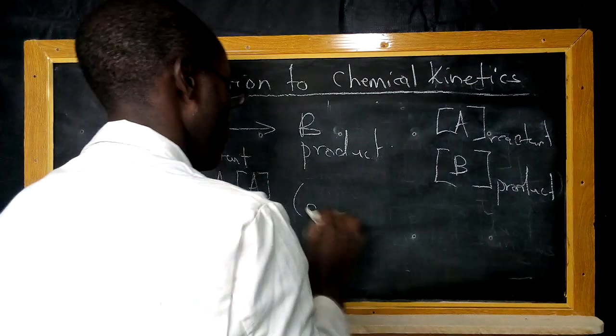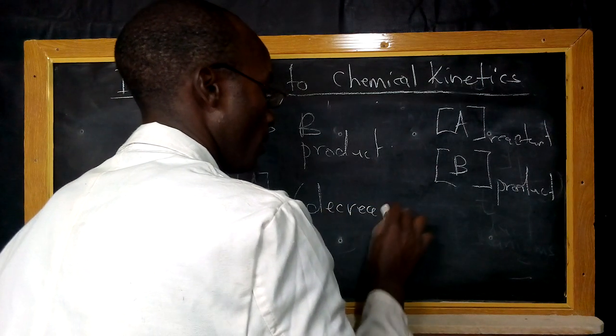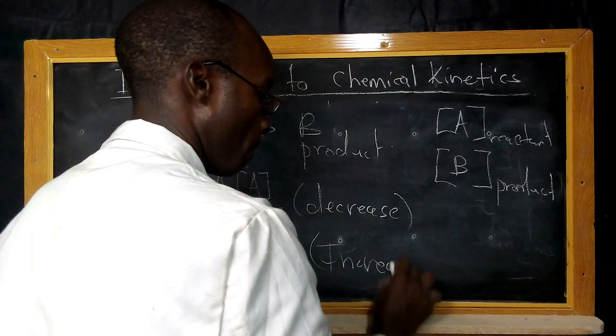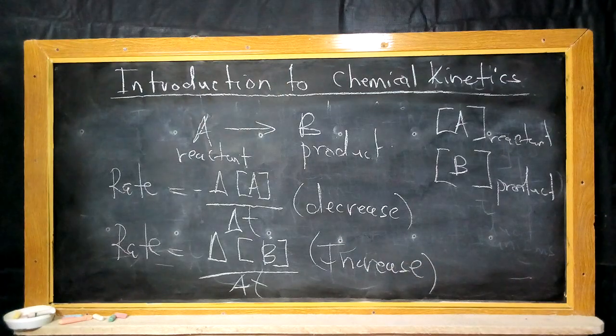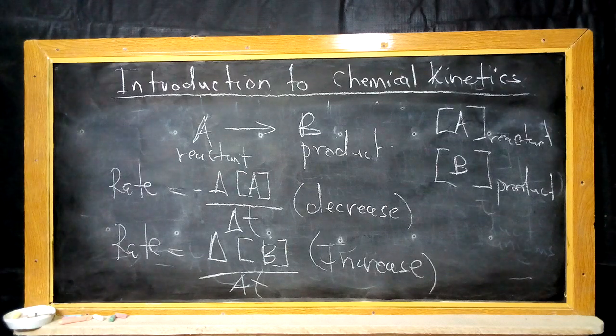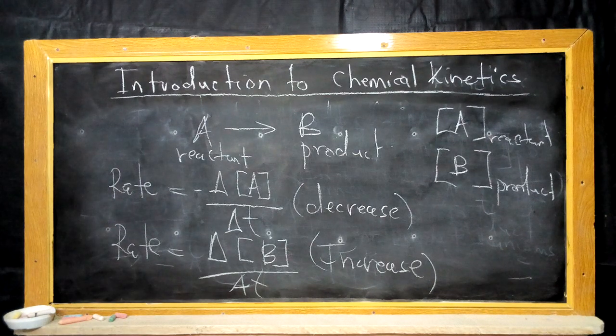This is a decrease and this is an increase. The reactants are being consumed whereas the products are of course being formed. Now we mentioned an aspect of stoichiometry.